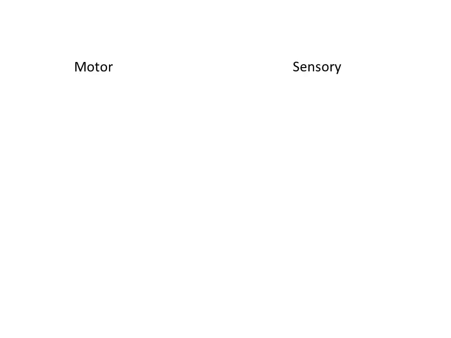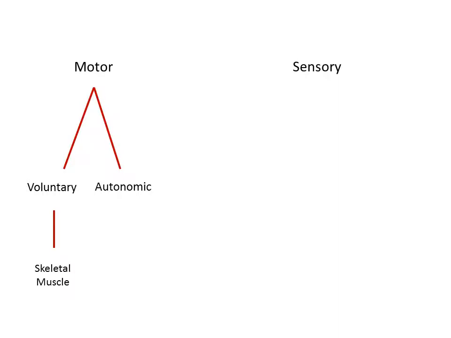Dividing functionally our nervous system into motor and sensory, we can further subdivide these into their component parts. The motor nervous system can be broken up into the voluntary motor system and the autonomic motor system. You learned about these in anatomy, dealing with the muscles of the trunk and limbs predominantly for the voluntary motor, and the viscera for the autonomic motor. Voluntary motor innervates skeletal muscle, whereas autonomic motor innervates smooth muscle and cardiac muscle.